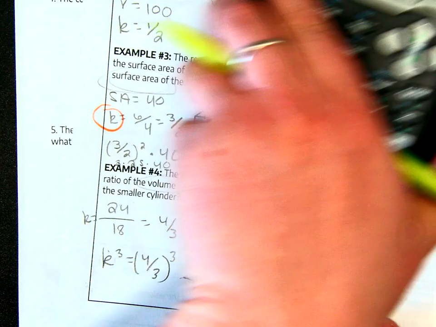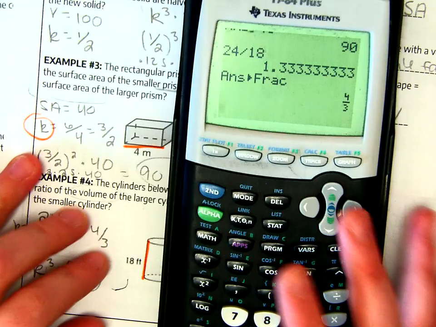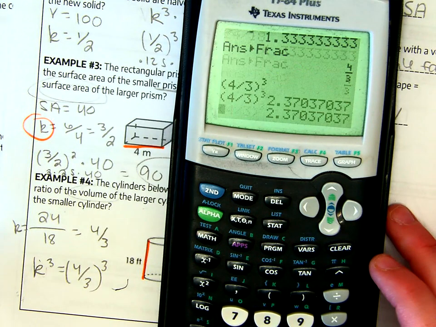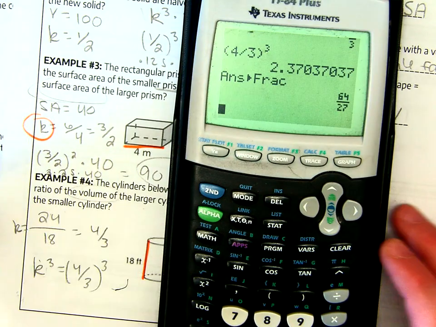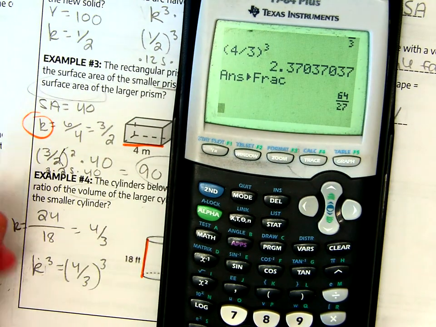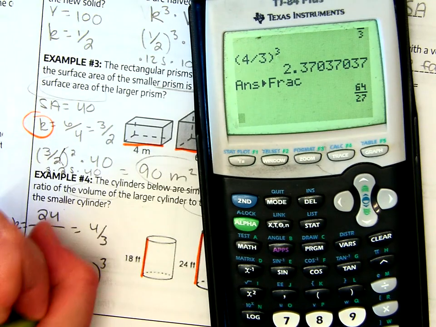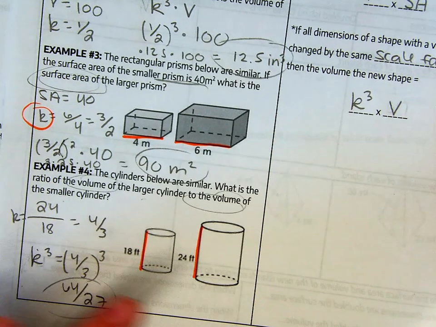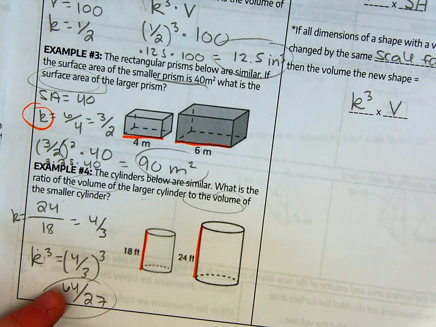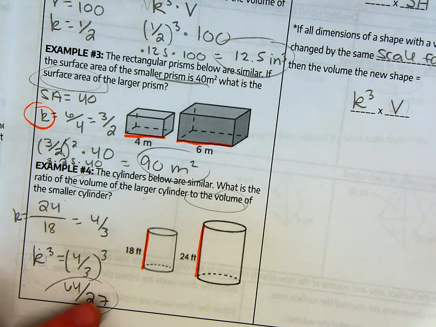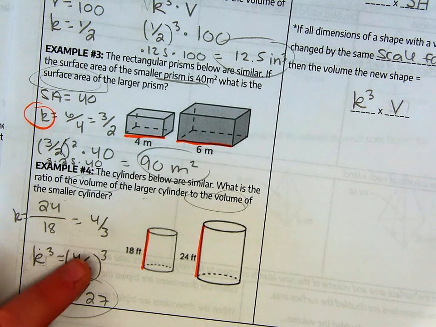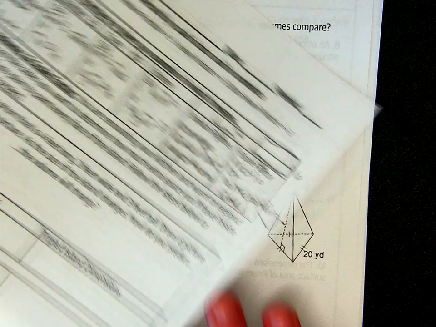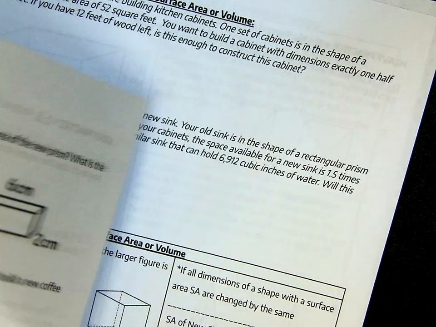I'll use my calculator to figure this out: 4 divided by 3, and then to the 3rd power. That's how much bigger the bigger cylinder is going to be. It's going to be essentially 64 over 27, so that's the comparison. Cool.